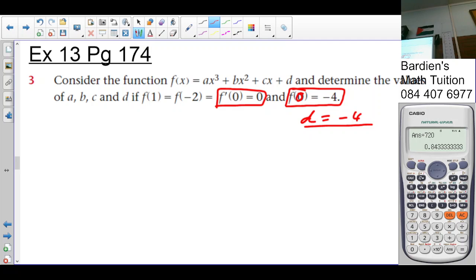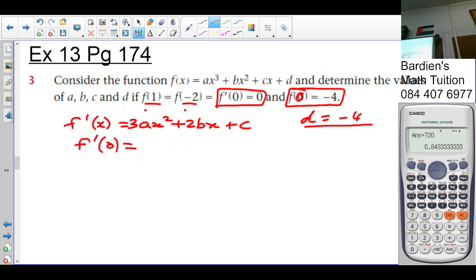And the x-intercepts are at those values there. Can you see that? So this I will always leave for last. You'll see now why. So we got d. So f prime of x equals 3ax squared plus 2bx plus c. Remember that the constant drops away in that derivative. So we know according to that information that f prime of 0 is 0.